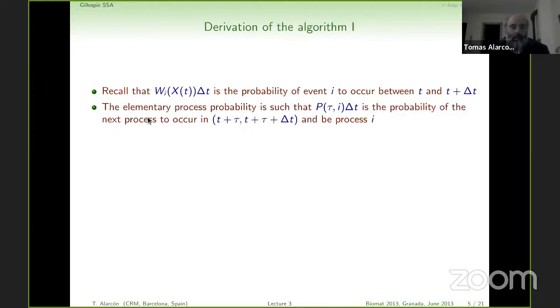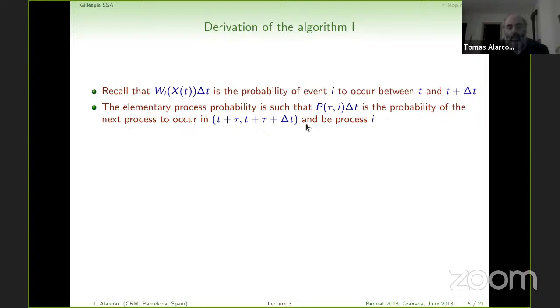Now, this quantity that we were mentioning before, this elementary process probability, is such that this quantity times delta t is the probability that the next process to occur in this time interval is process I. Basically, we are looking at the state of the system at time t, and then we look tau time units into the future.